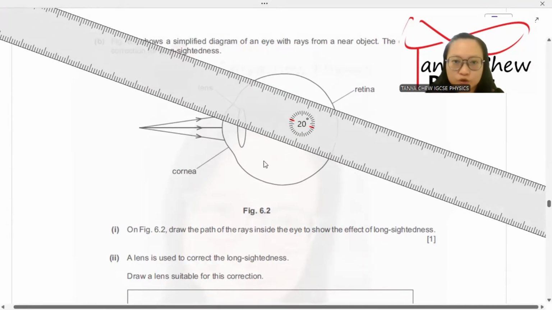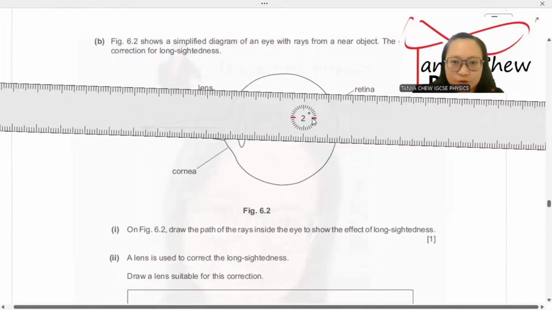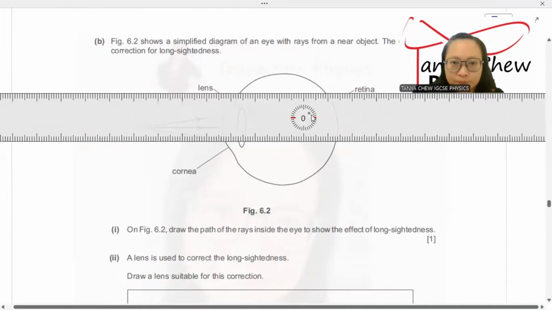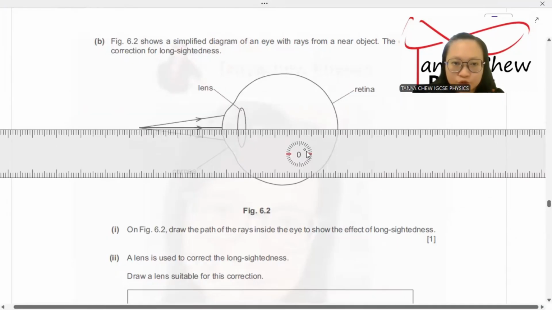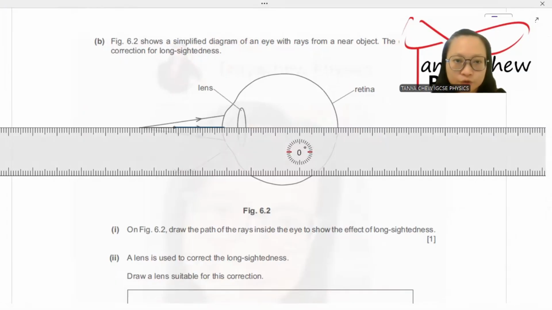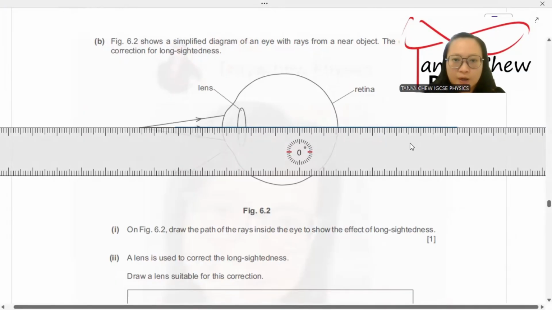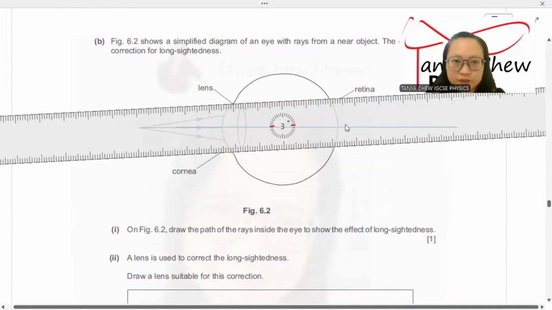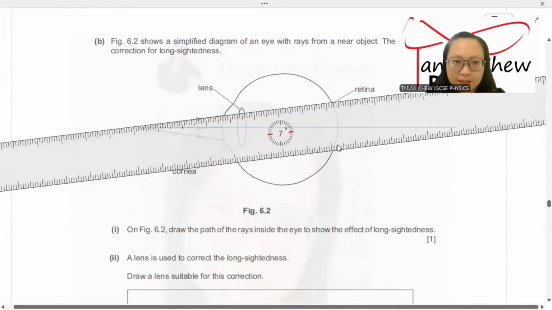The easiest one, you draw the center ray first, because the center ray would just go straight through. Just draw this one straight. After that, you might want to draw this one to follow this ray before it enters the lens.